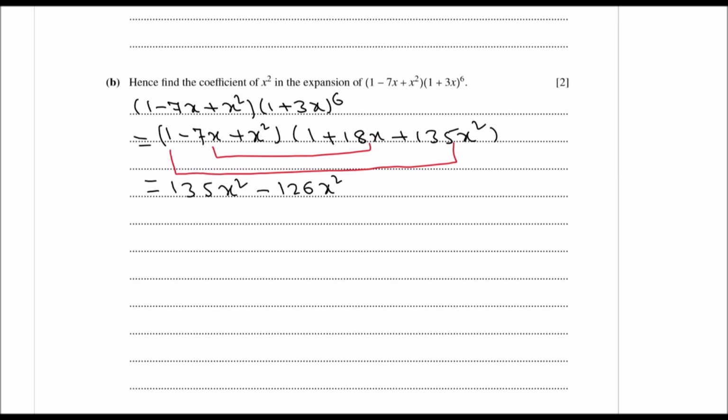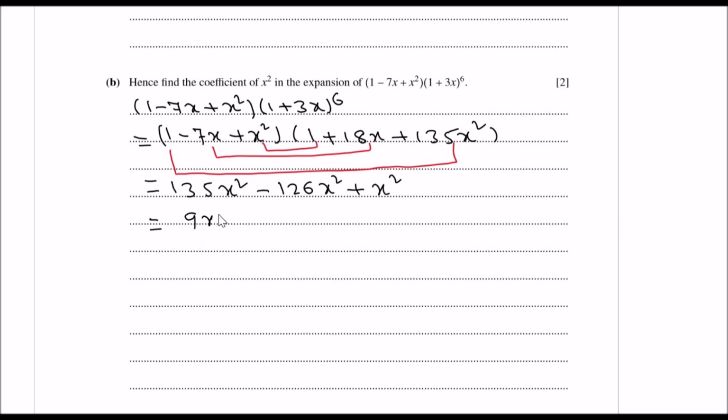I hope you are getting this. Now one more term left, x square term. So if you multiply x square with the constant term 1, that gives us another term with x square, right? So that is x square into 1, we get plus x square. Now let's simplify. So 135 minus 126, we get 9.